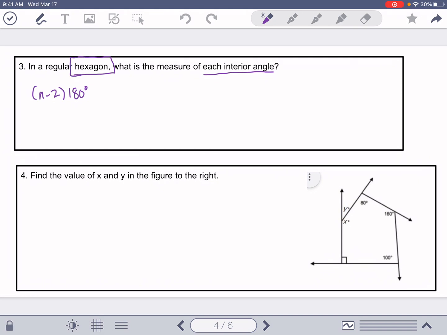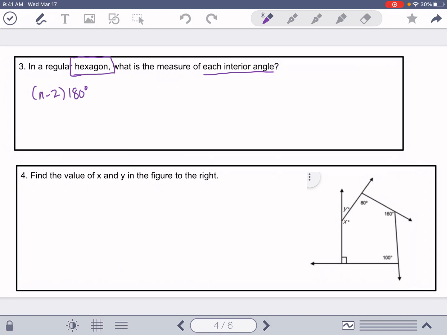So if you don't remember how many sides a hexagon has, then you're going to have to go back to your notes that are online on the very first day that we started polygons, and you'll be able to see that a hexagon is a 6-sided figure.